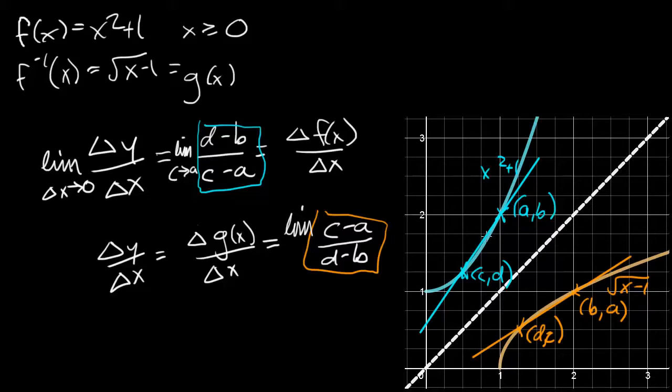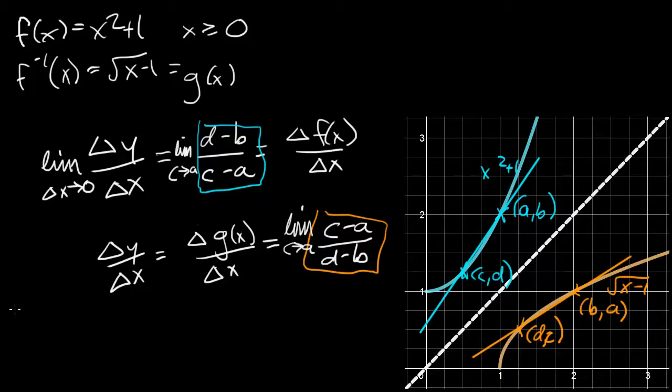Well, under normal circumstances, yeah, as long as f of x isn't vertical or g of x isn't vertical, then as c gets close to a, d will get close to b also. And that means that as d gets close to b over here, c will get close to a. So we can use the same limit, I think. c approaches a. We could also switch it up and say d approaches b, but they're going to be the same thing.